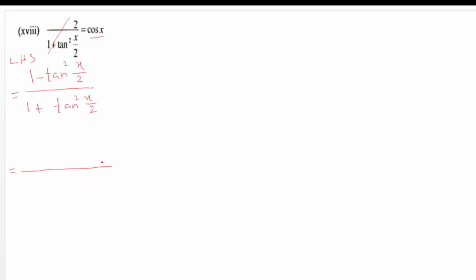Let me write the main fraction first and then let me just change the color. 1 minus sine square x by 2 over cos square x by 2 like this, and then add down 1 plus tan square x by 2. You know this formula. Let me write here the formula.